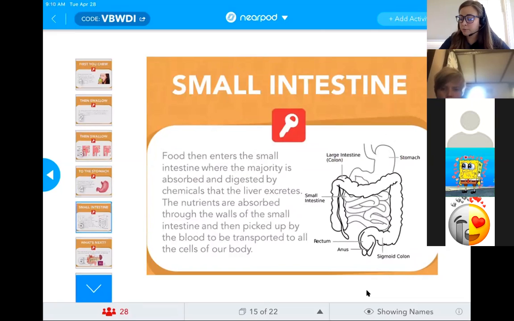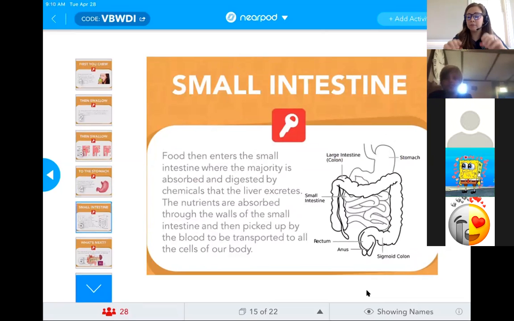The nutrients are absorbed through the walls of the small intestine and then picked up by the blood to be transported to all the cells of your body. So remember that in the small intestine, there are little villi, and they're like little things that stick out, kind of like a toothbrush bristle, and they reach up and grab the nutrients and send them out to the rest of your body.